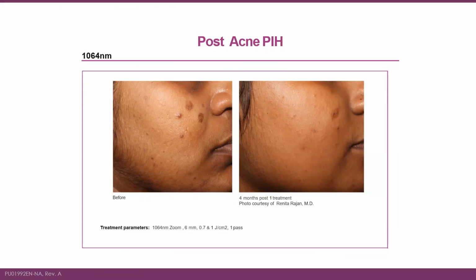So we deliver the heat into the tissue, which produces more inflammatory response, and generally you find that the PIH becomes worse. But because we're not using anywhere near the same amount of heat here, we don't get the same inflammatory response, but we get very nice clearance of this PIH.